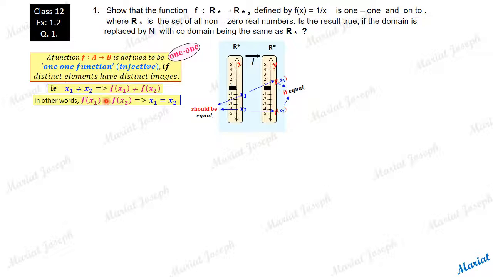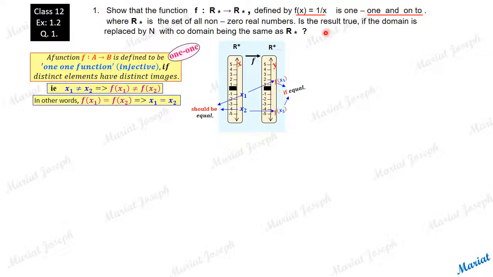These are two interpretations of this definition, two different ways the definition is interpreted. While checking it for any function, we may use either of them. One is, take two distinct elements x1 and x2, unequal, and prove that the images are also unequal. Or another method is, start with two equal images and prove that their pre-images x1 and x2 are also equal. Both of them mean the same.